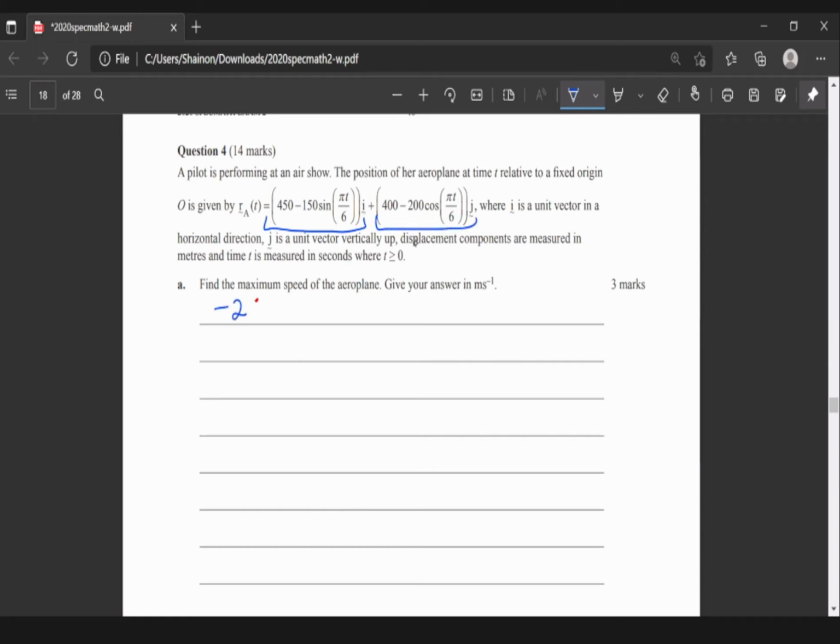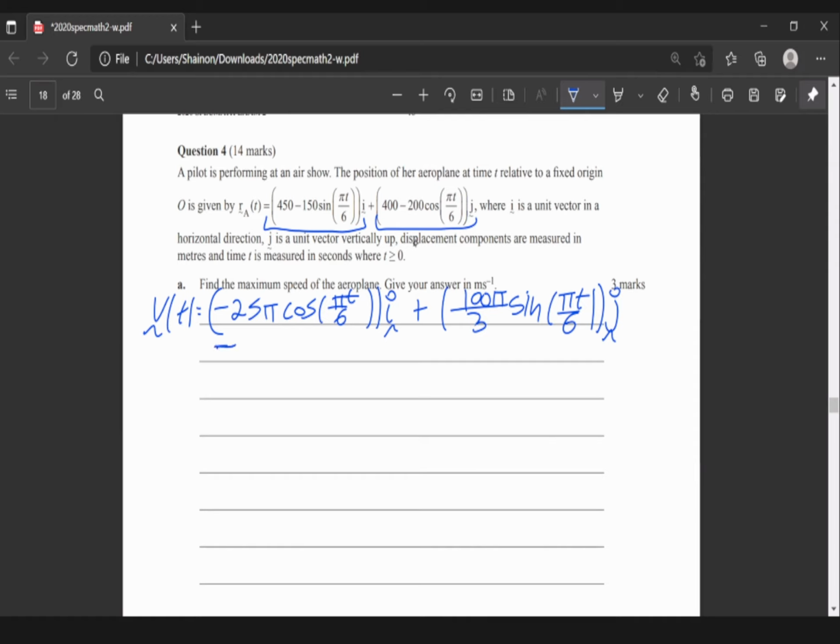So negative 25 pi cos pi t over 6 plus 100 pi over 3 sine pi t over 6. So that's equal to v. And since we're finding speed, we mod this function.